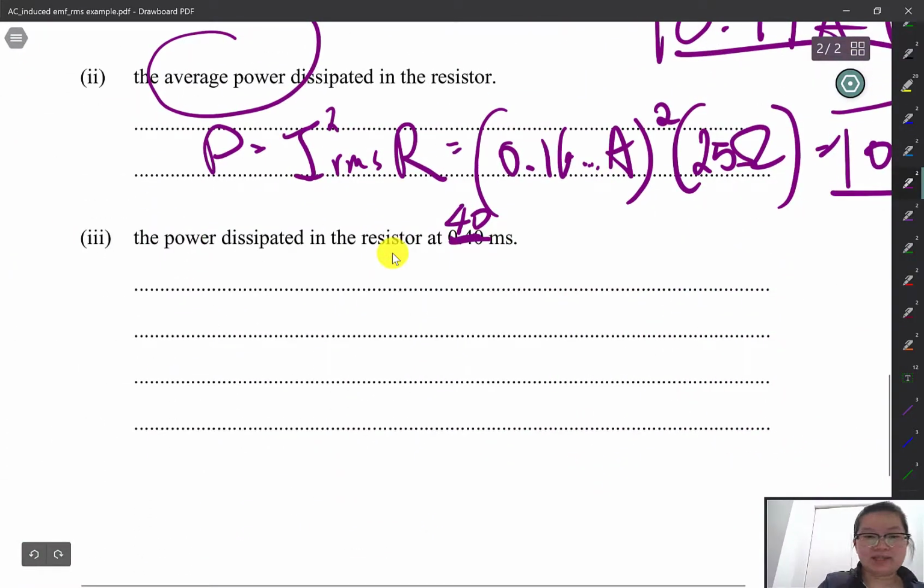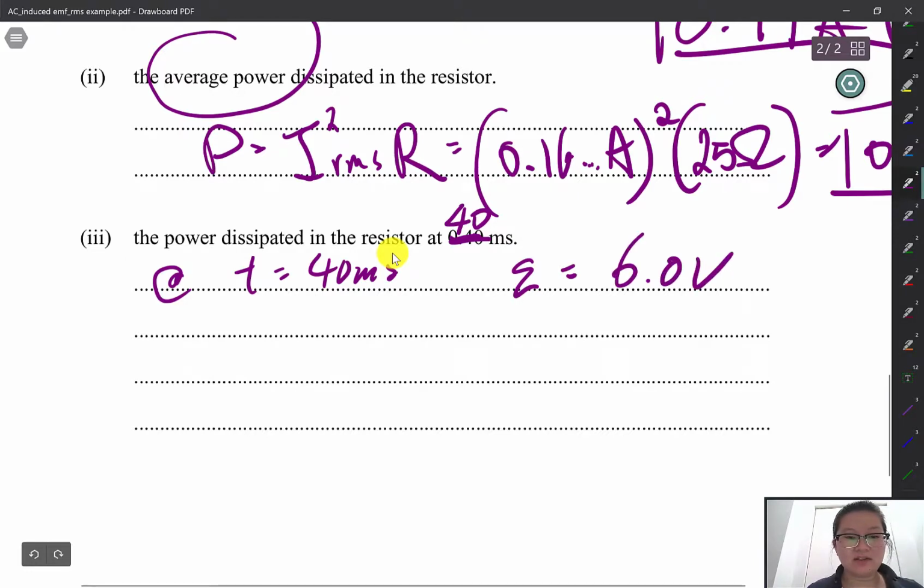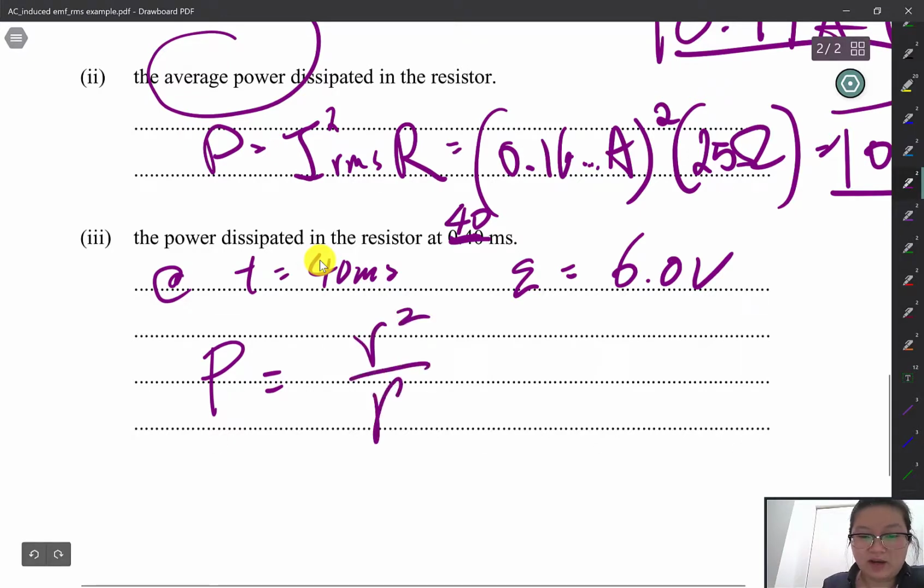So at t equal to 40 milliseconds, the EMF is going to be 6 volts. To calculate the power dissipated in the resistor at 40 milliseconds, assuming that the one resistor is the only thing attached to the generator, we can use power equals voltage squared divided by the resistance.